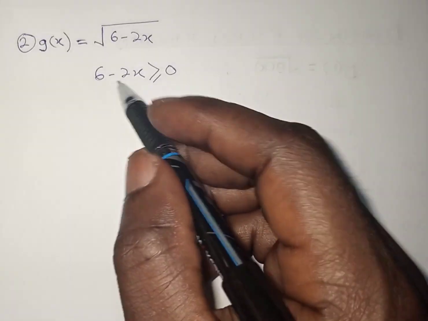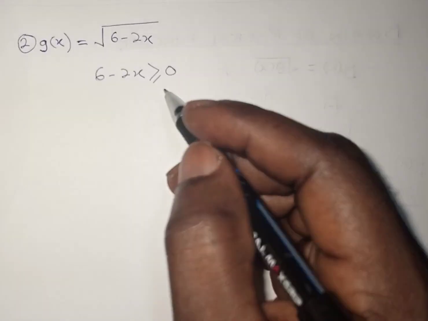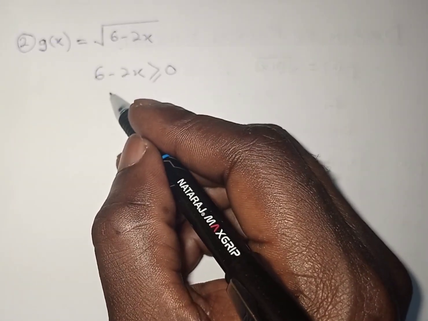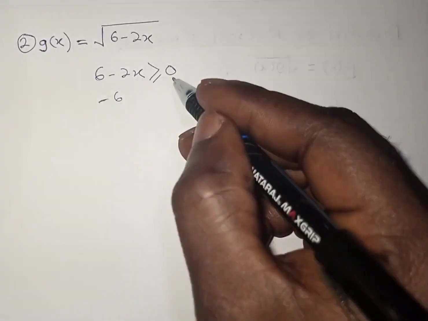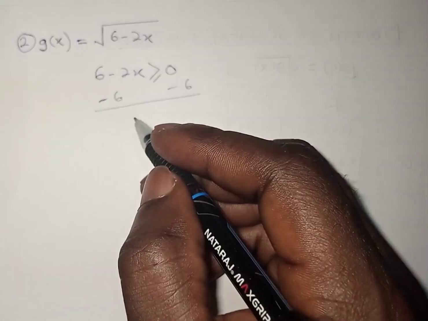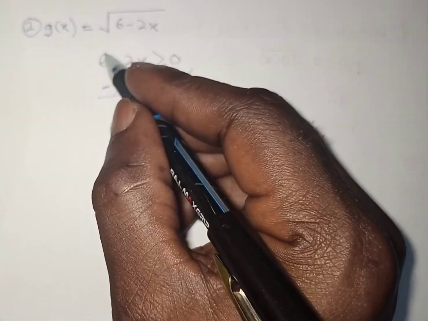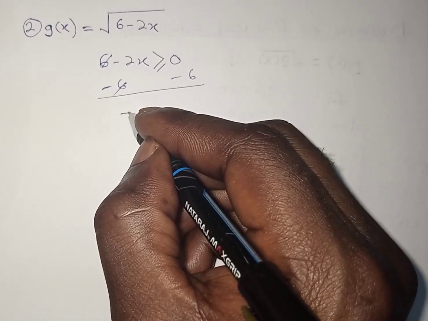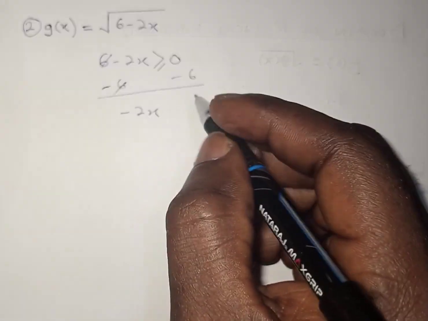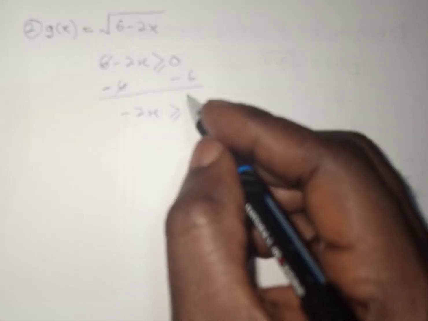So if that is the case, then let's solve it the normal way we solve what? Inequalities. So I can just subtract 6 from both sides. So this one goes, and then I have my negative 2x greater or equal to, so 0 minus 6 gives me what?